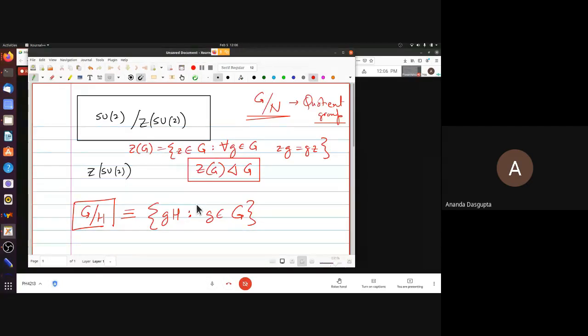But cosets with respect to a particular subgroup are often very important, even in physical applications. When you study spontaneous symmetry breaking, for example, the cosets are really the mathematical structures which are involved there.